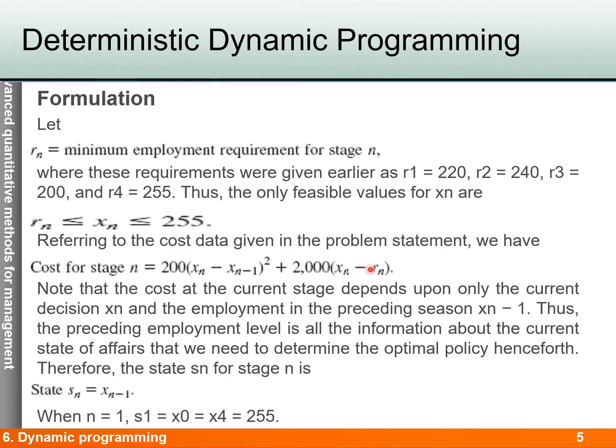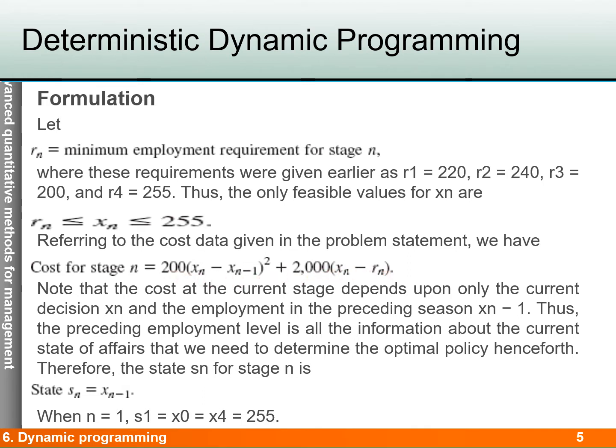For example, if R1 is 220 and Xn we find 230, this is the difference between the minimum and what we decided. That is, for example, in this case, 10 multiplied by 2000. So we want to minimize this total cost of the example.